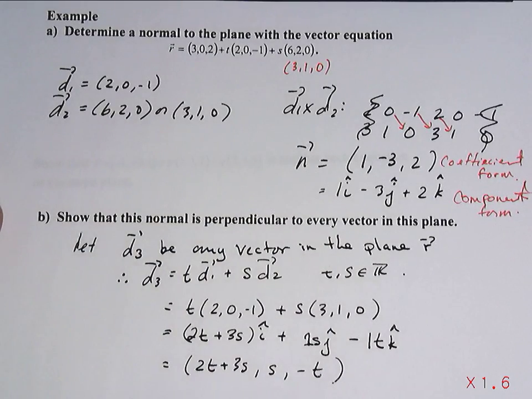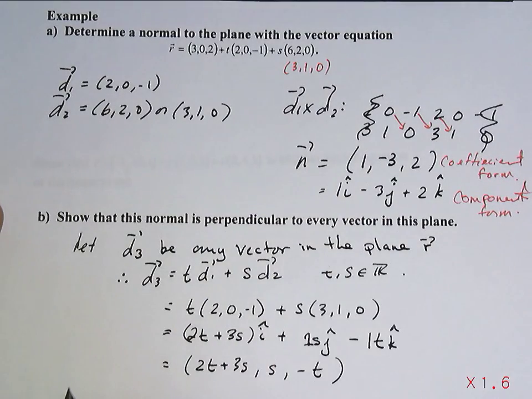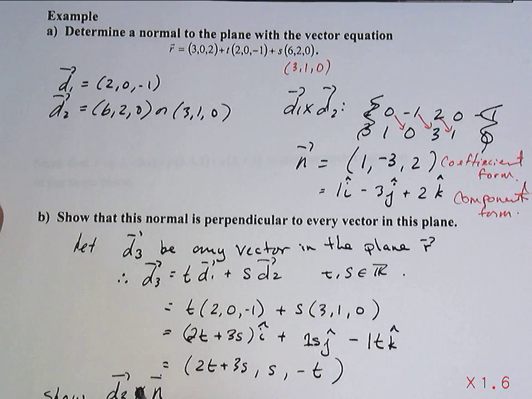Now what I need to do is show that D3 is perpendicular to the normal. Well, the normal is given by (1, -3, 2). So what we want to show is D3 cross N, not cross, dot, N is equal to 0.